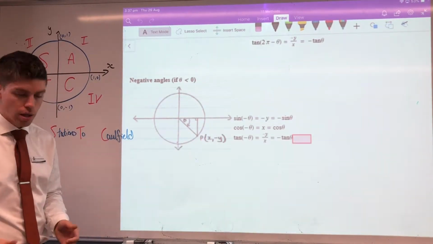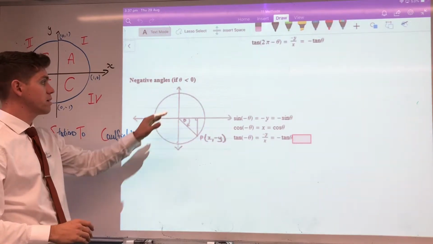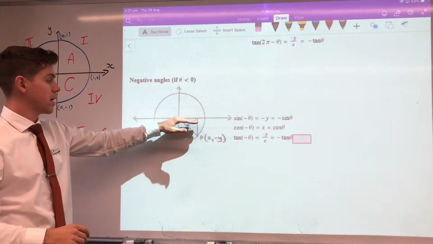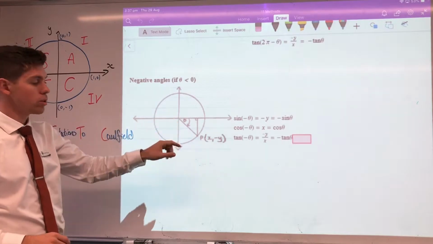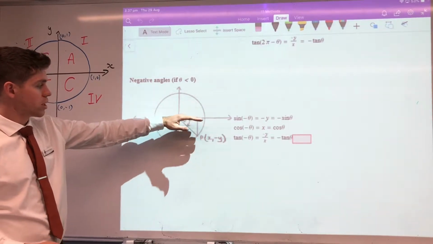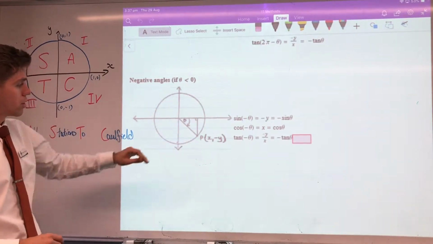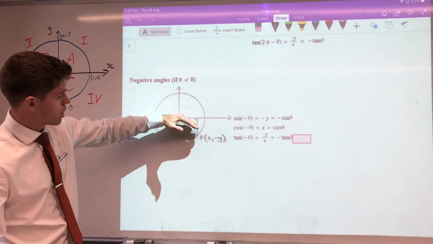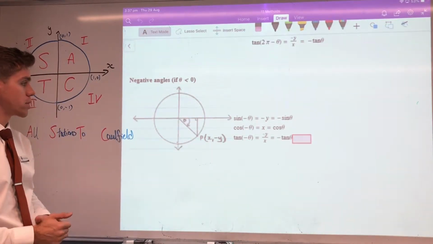Okay, so negative angles. If we have negative angles, then what that's saying is the angle traverses in the opposite direction, or in a clockwise motion, starting from here. So it would traverse through the fourth quadrant first.